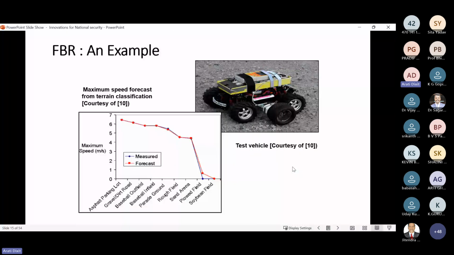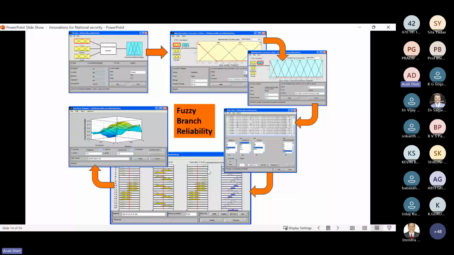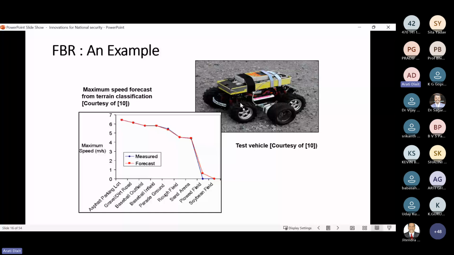And an example or a test was done on a robotic vehicle. For example, as I said here, suitable terrain gives higher or better fuzzy branch reliability, right? So an experiment was done with terrain. Say we run this robotic vehicle on different terrains, ranging from asphalt parking lot to gravel dirt road, baseball outfield, infield, or parade ground, and so on.